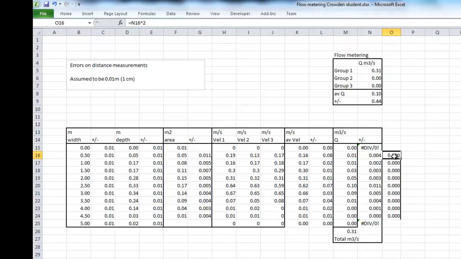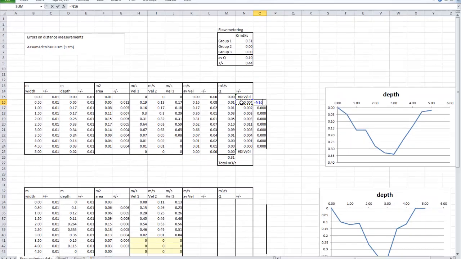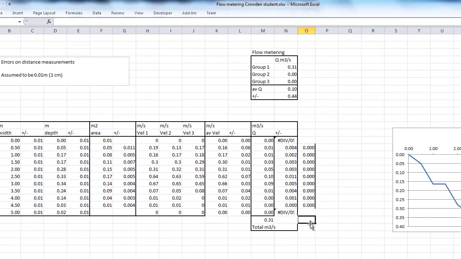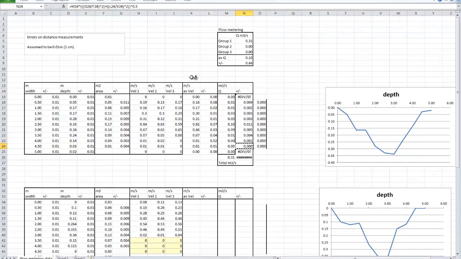The easiest way to do that is to put in another column where we'll put in the error and square it, and then we can put the sum of the squared errors and take the square root, raising that to 0.5. Again, putting it to 3 decimal places.